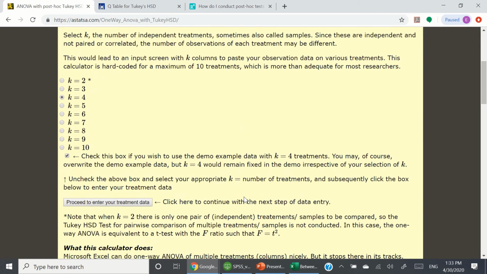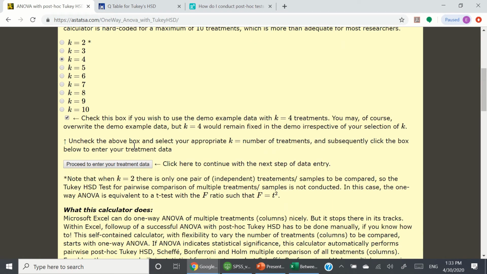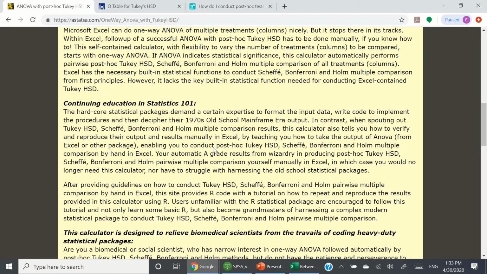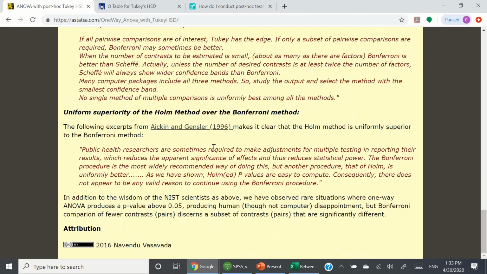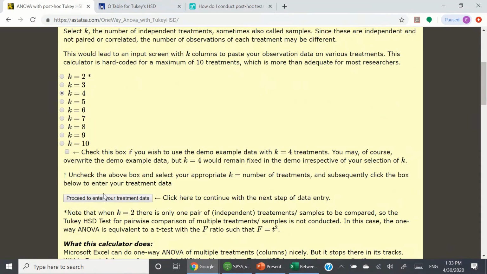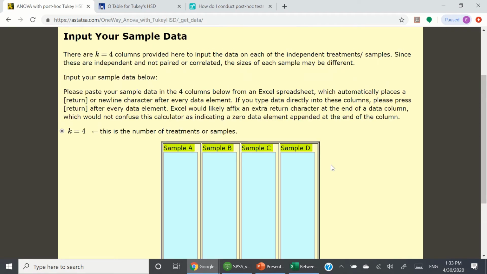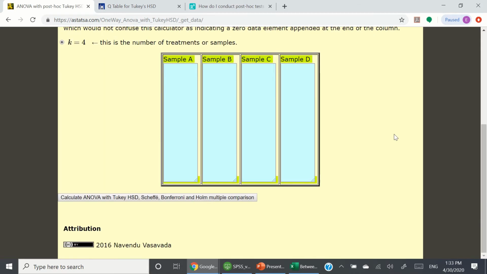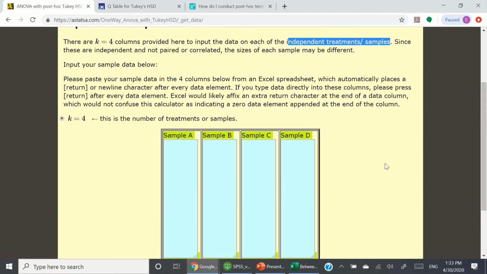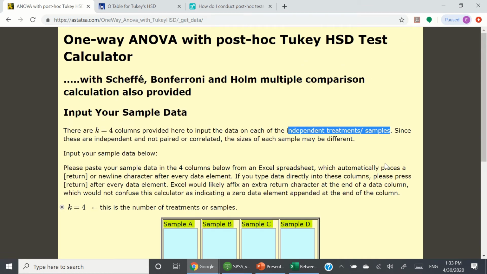If I enter N of 4, and then we enter this, this is the number of treatment samples. So this only gives you independent treatments with independent samples. So there is no way that you can use this website if you are running a within subjects design, unfortunately.